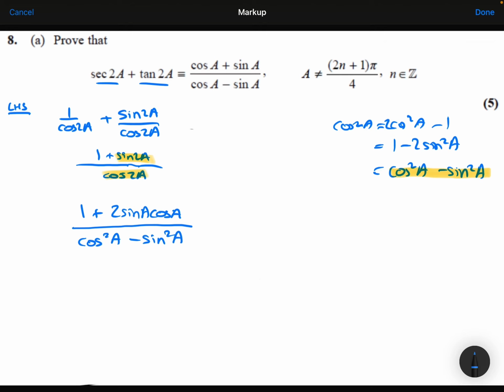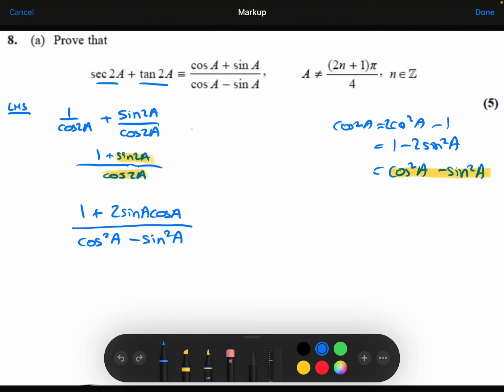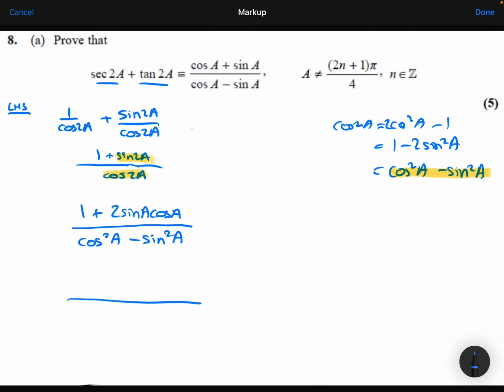Now, the other thing that I notice about the cos squared minus sine squared is that this can be factorised. This is the difference of two squares. So I could rewrite that as (cos a plus sine a)(cos a minus sine a).